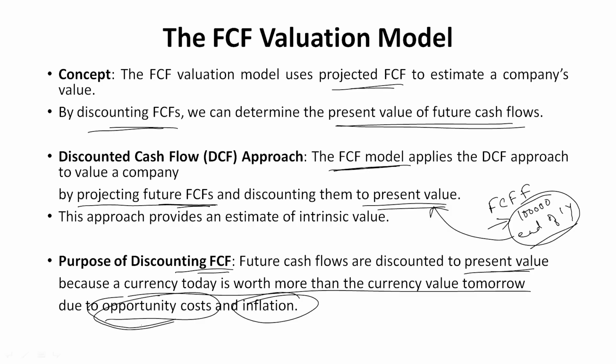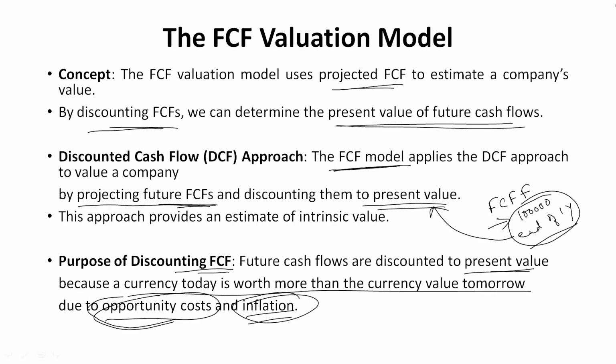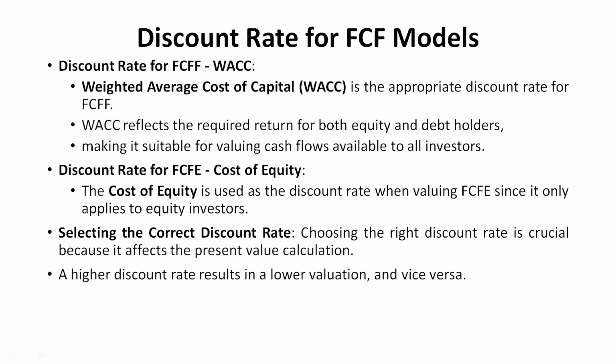That is part of your opportunity cost. And inflation, because of price level changes happening in the market, the purchasing power or the current cost accounting would be different. I'm not going into details of that. So because of the change in purchasing power, there is a need for us to discount free cash flow.